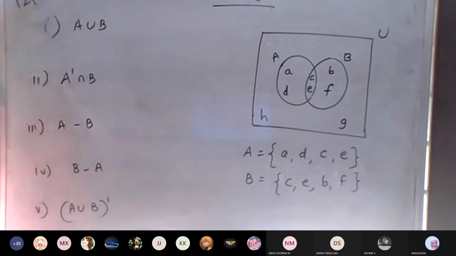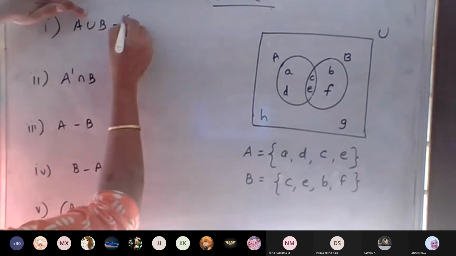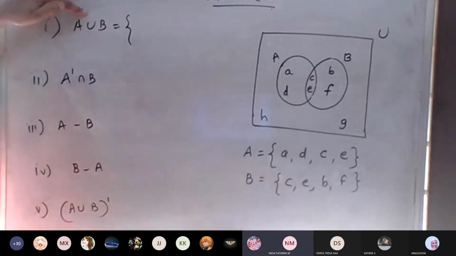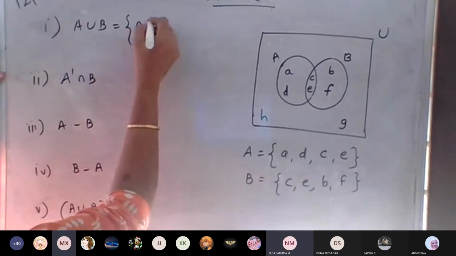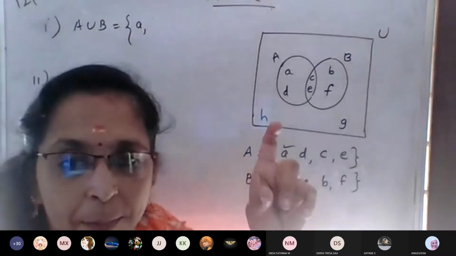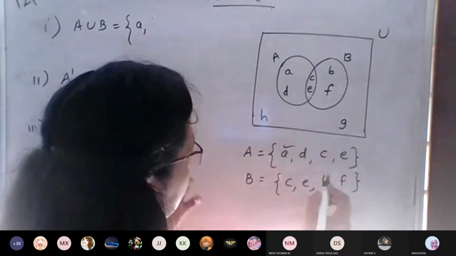Then we have to find out A union B. What will be A union B? A we have, B also we have. If you have any problem, take a pencil and mark it. That is better.